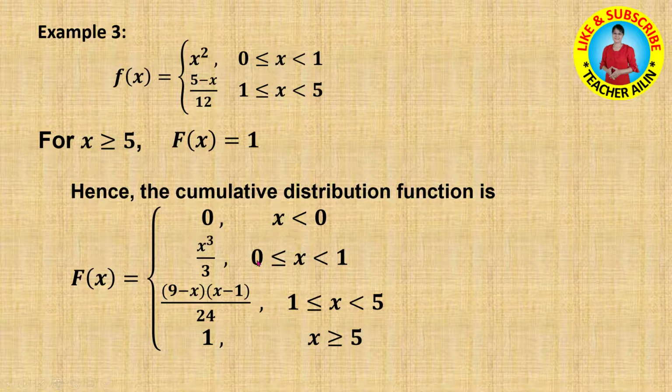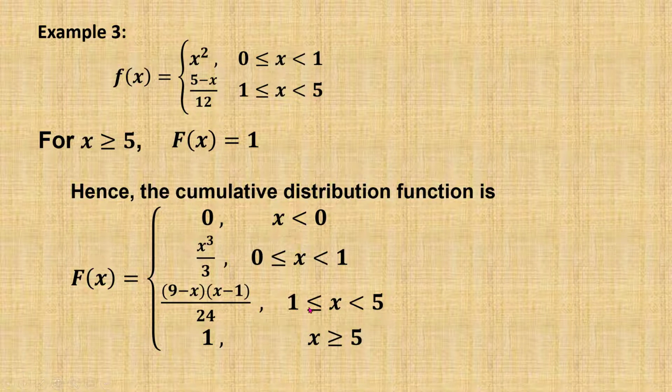When x is between 0 to 1, the cumulative function is x to the power 3 over 3. When x is between 1 to 5, this is the cumulative function. And when x is greater than 5, the cumulative is equal to 1.